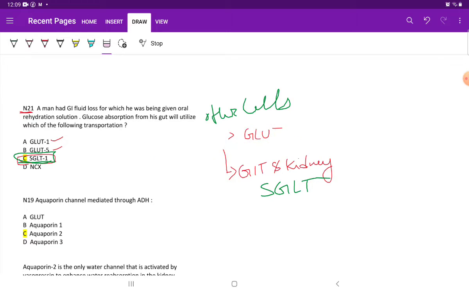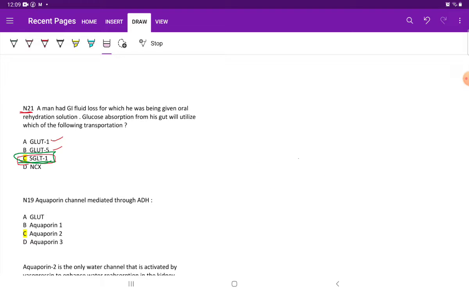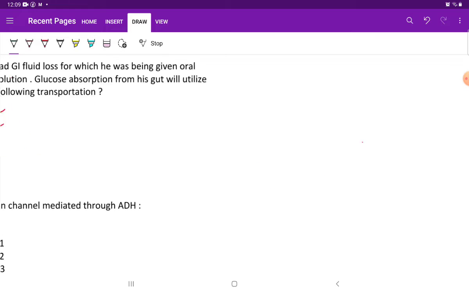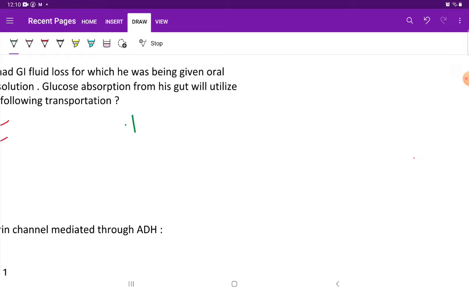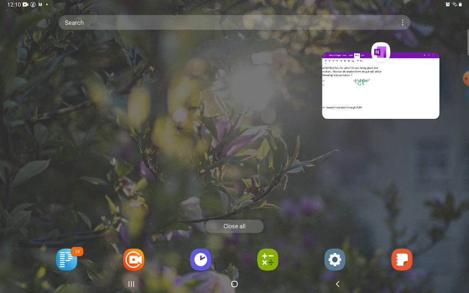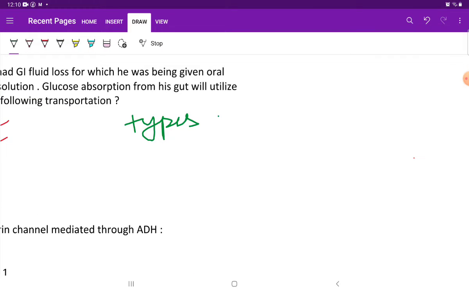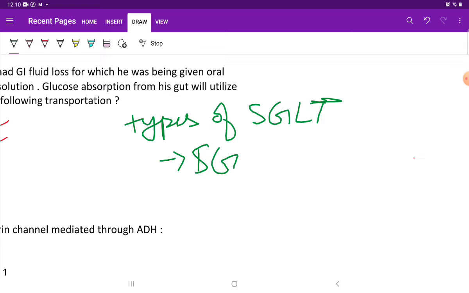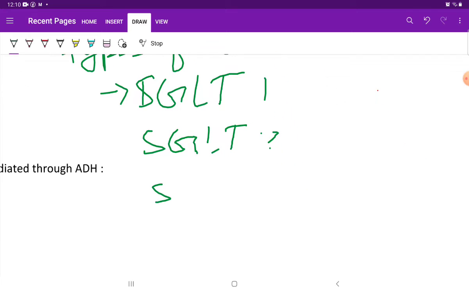Now, as it's being mentioned here, SGLT1, let's discuss the types of SGLT. First SGLT1, SGLT2 and SGLT3. There are three types.